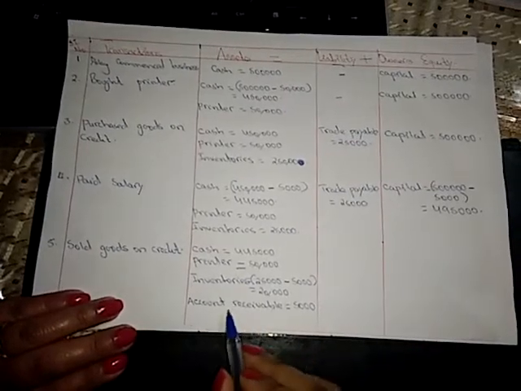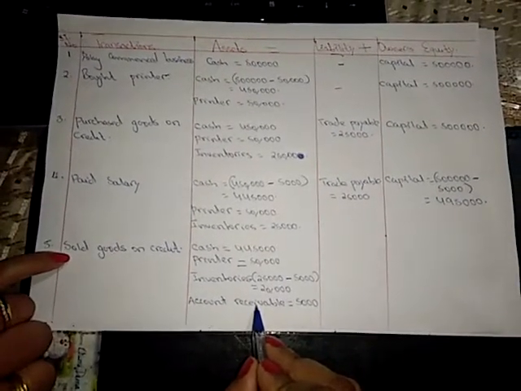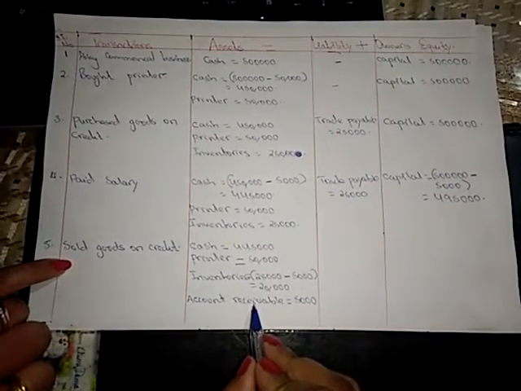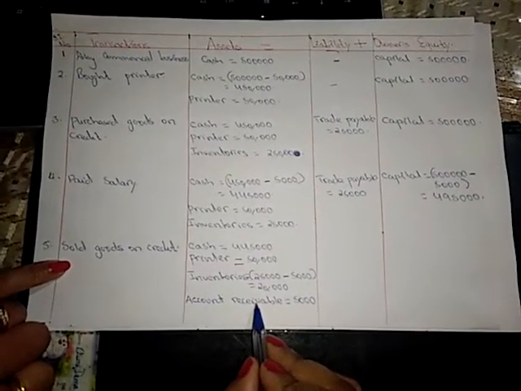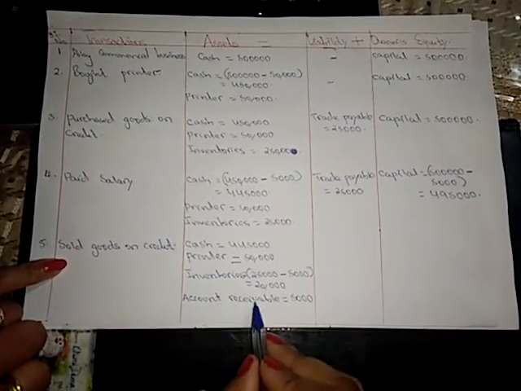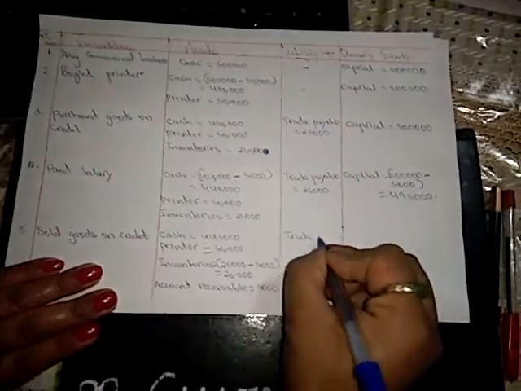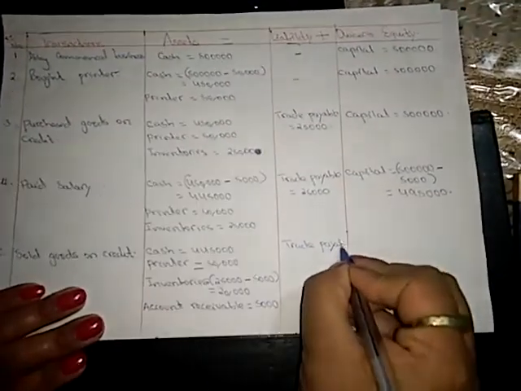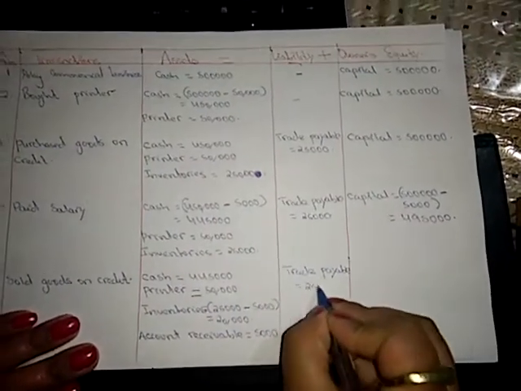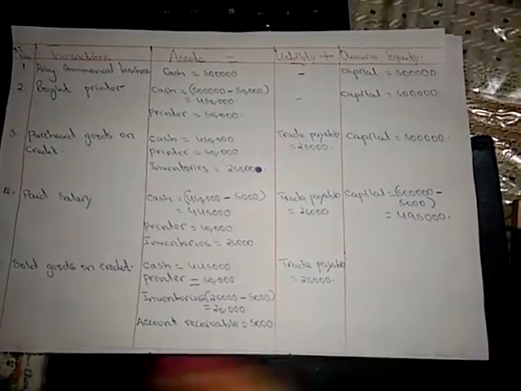I hope you are understanding why I'm writing account receivable. Why? Because you sold goods on credit. You should get money soon, okay? Since he bought goods on credit, that will give rise to the account receivable. Trade payable, nothing is being said, so you will continue writing the same amount, 25,000.